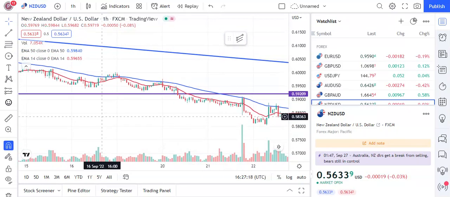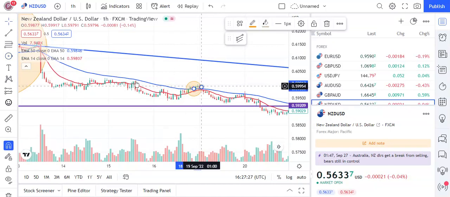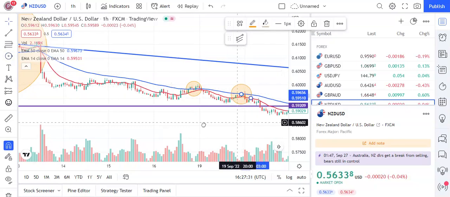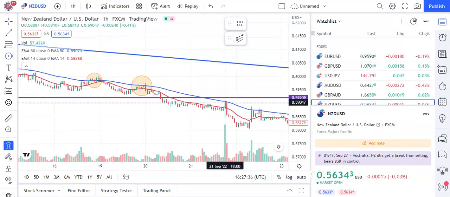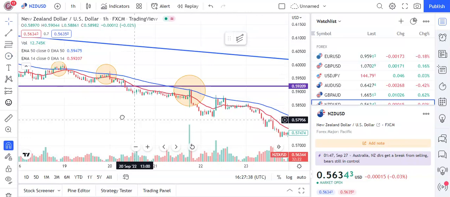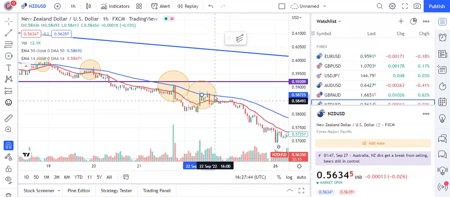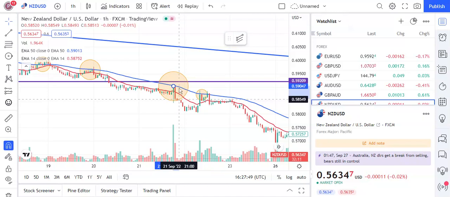Watch closely the blue line from this point. Watch closely the blue line from here, then here, then here, another one here. Can you see it?